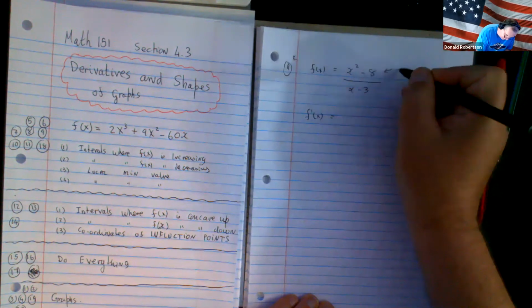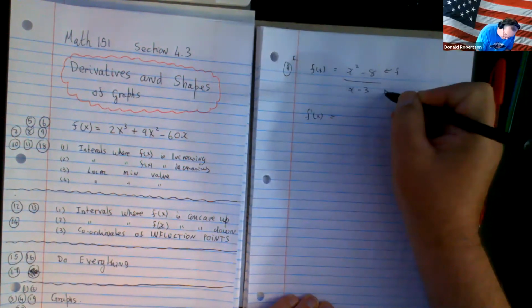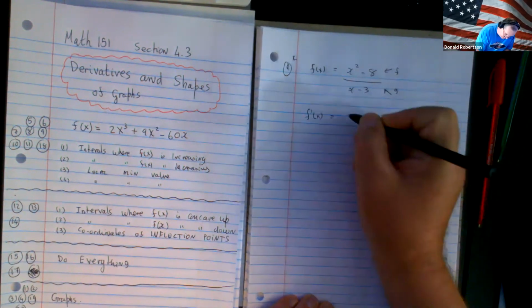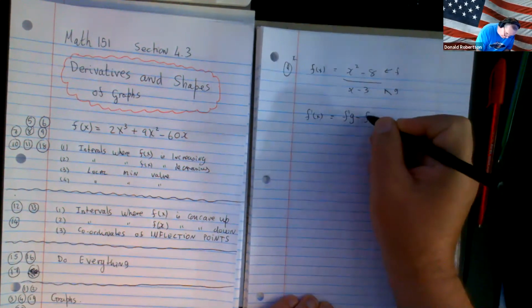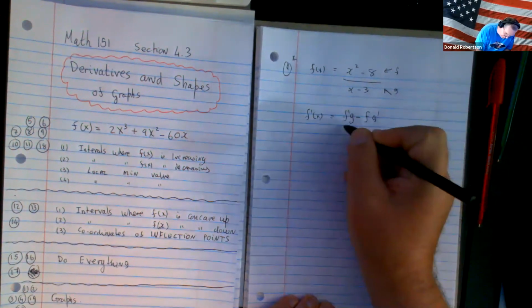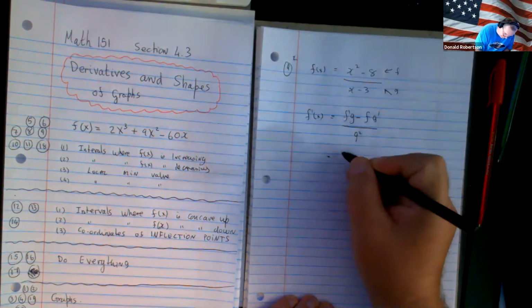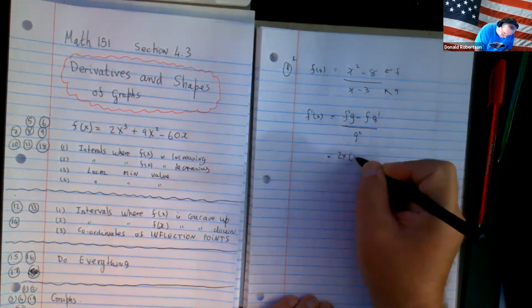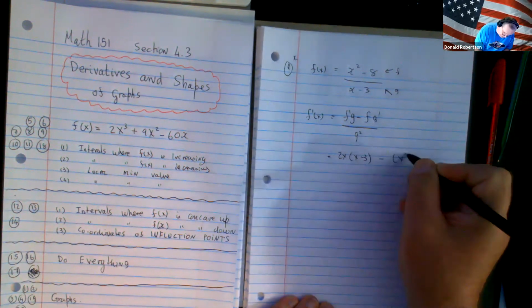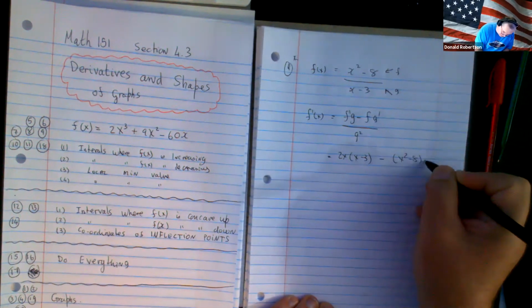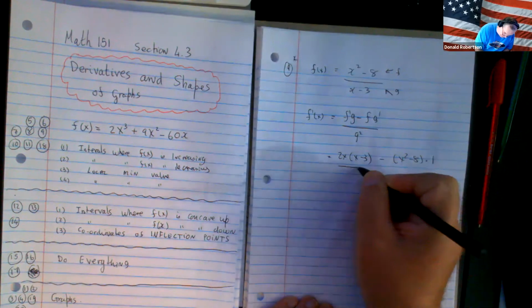Top's an F, bottom's a G, F dash G, take away F G dashed, over G squared. Differentiate the top, you get 2x, leave the G alone, leave the F alone, differentiate the G, square the bottom.